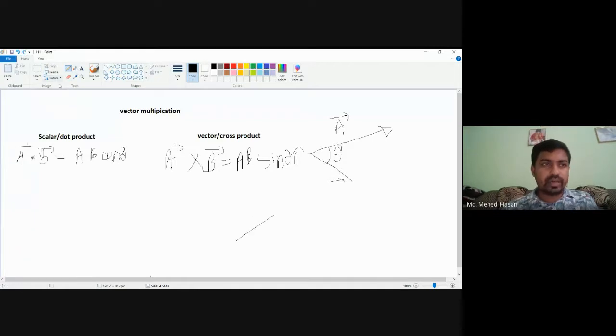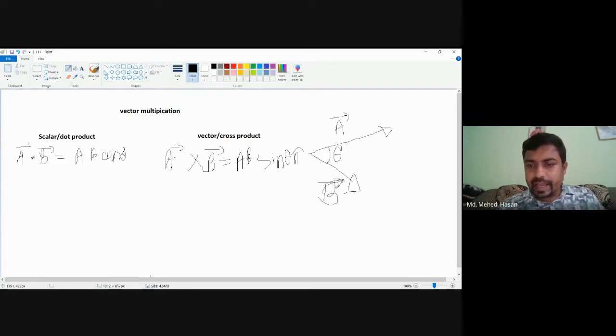Two vectors are given, a and b. Now the thing is the component of vector a along the direction of vector b, which is similar to the component of any vector along the x-axis and y-axis.